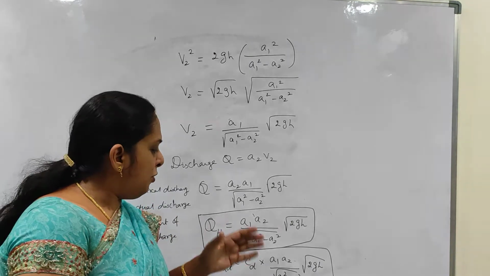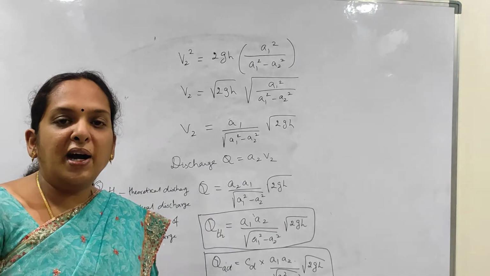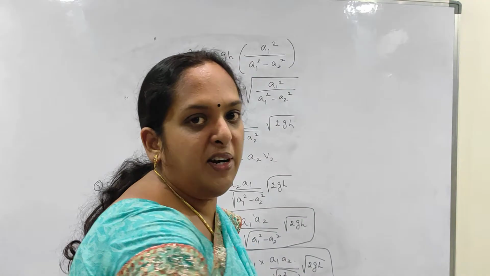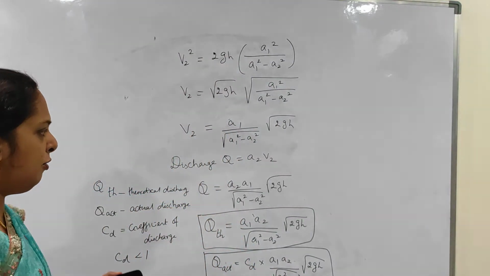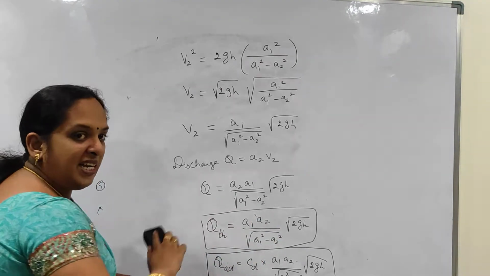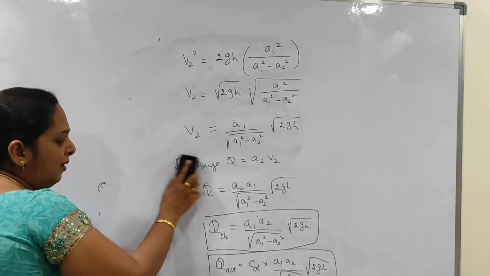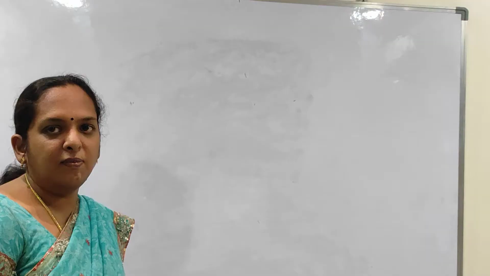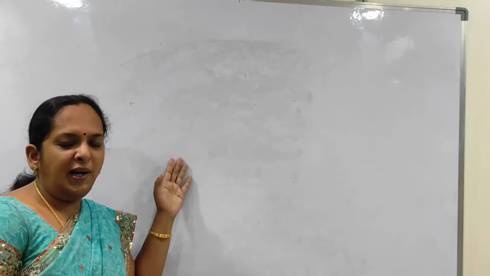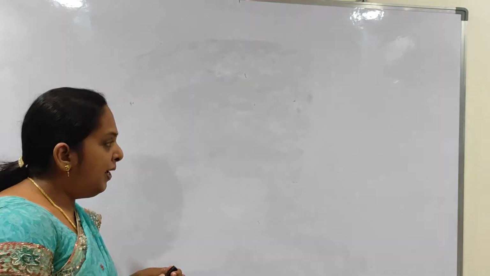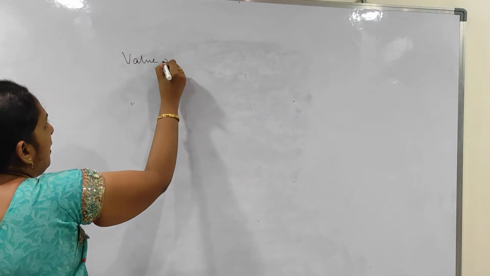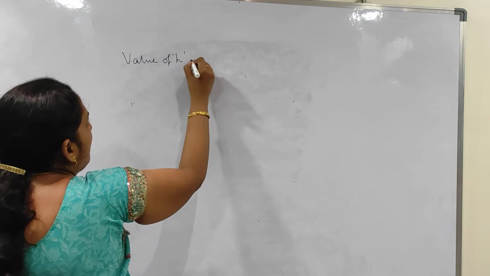Okay, guys. Now we are going to see how to find the value of H in case of differential manometers. I said H is the head in the differential manometer, so now we are going to see what the value of H is for different cases.